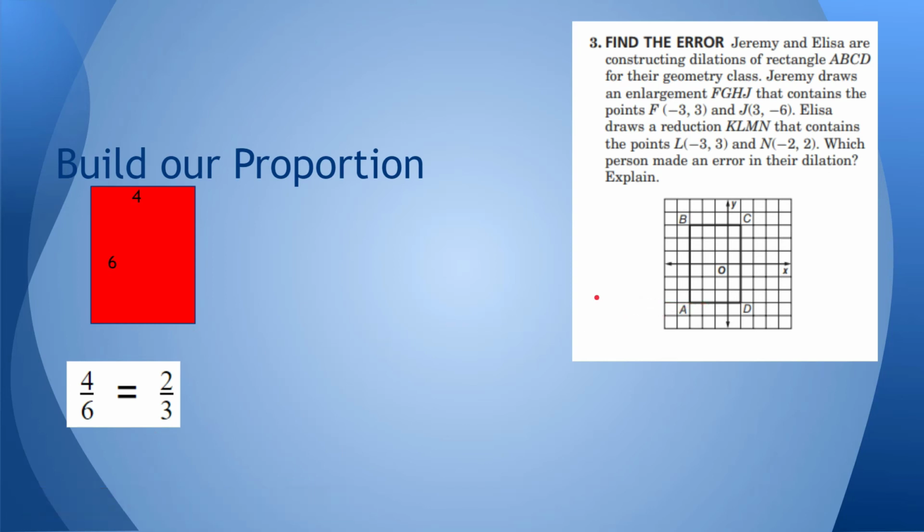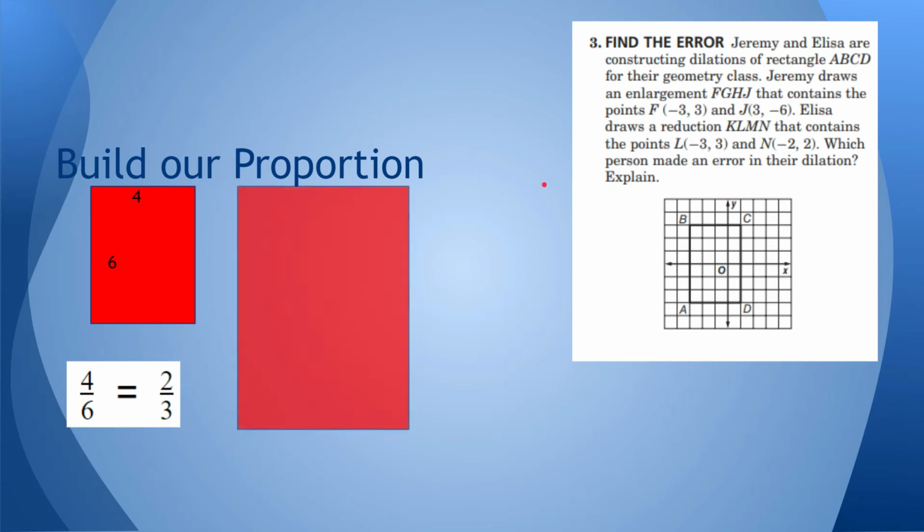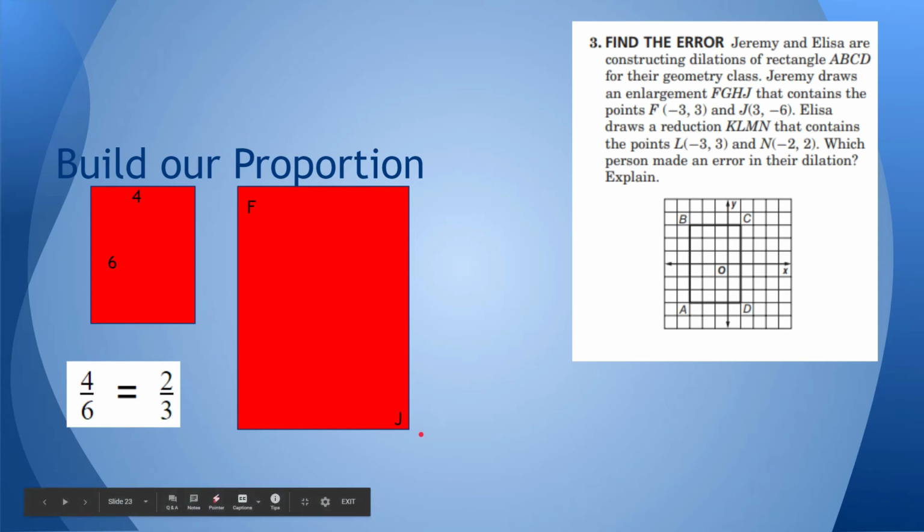All right, so we've got a scale here of 2/3, and what we're doing essentially is checking to see if these figures are similar. So let's take a look then at the enlargement. The enlargement of the rectangle has point F over here and point J down at the bottom. How do I know that up here is point F? Well, point F starts in the same location as point B, -3, 3.